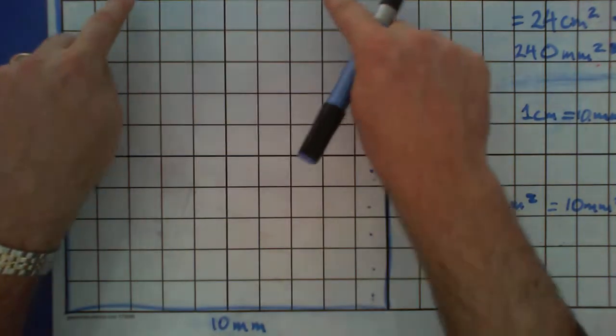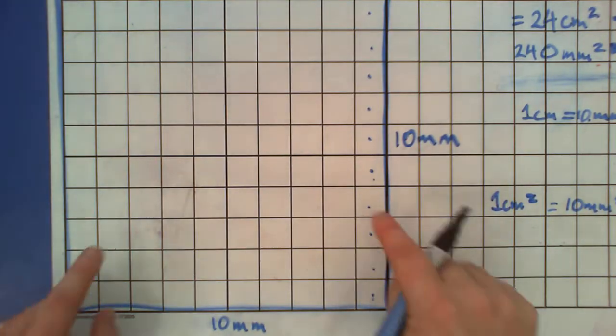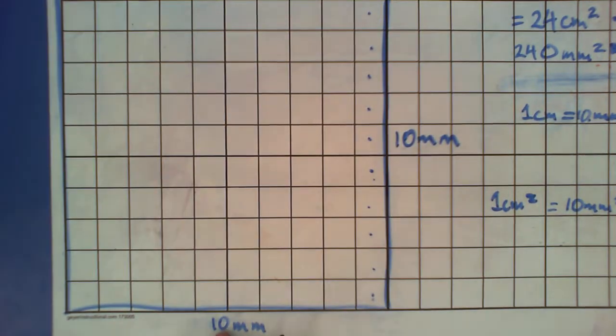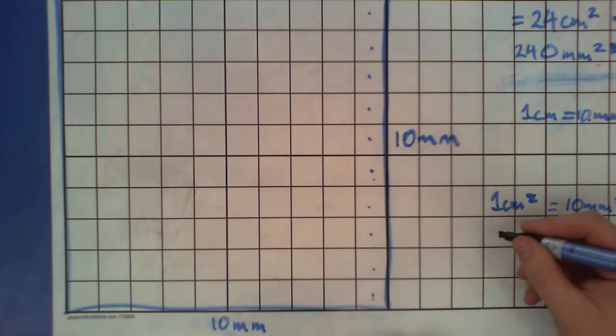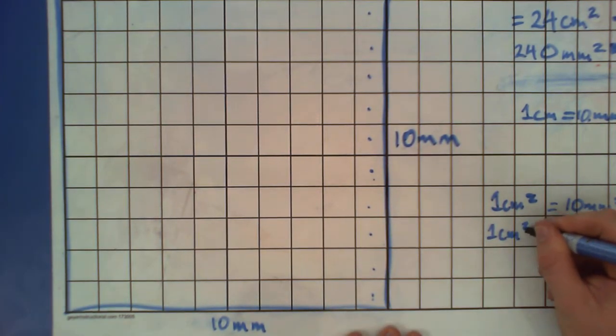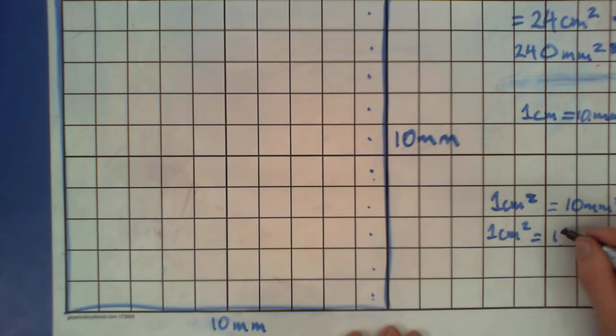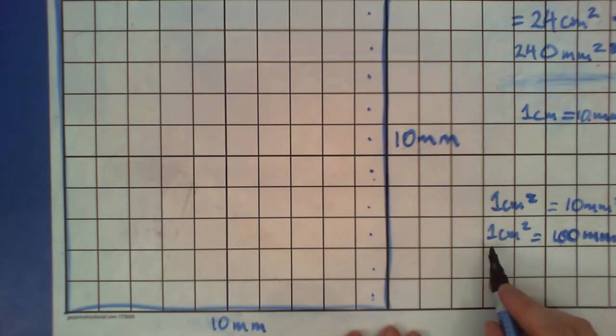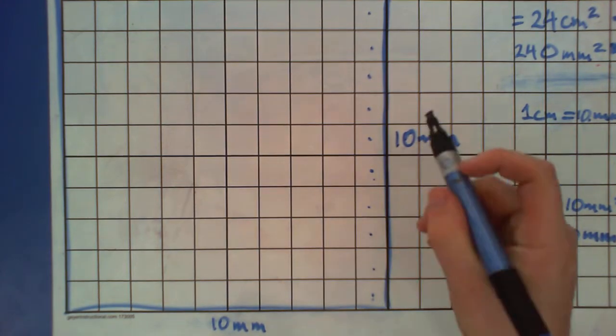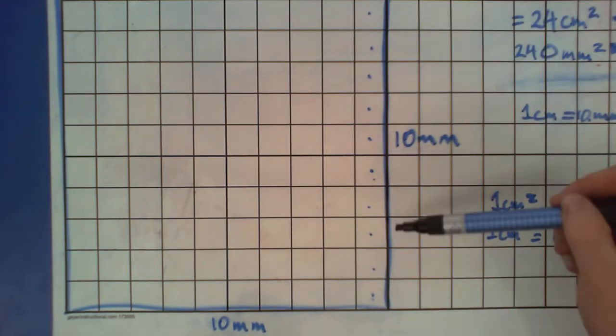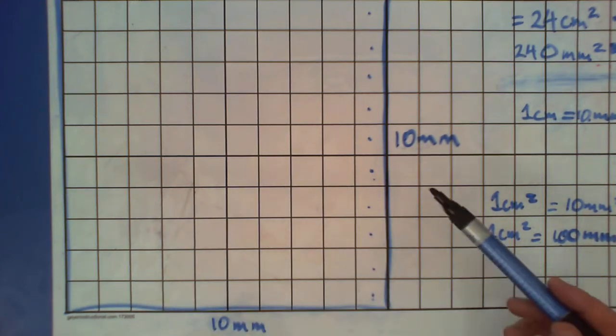Then the area of this square would be 10 by 10, which is of course 100. So 1 centimeter squared actually equals 100 millimeters squared. We need to remember that, and that's because we've had to convert both dimensions of this square from 1 centimeter to 10 millimeters.